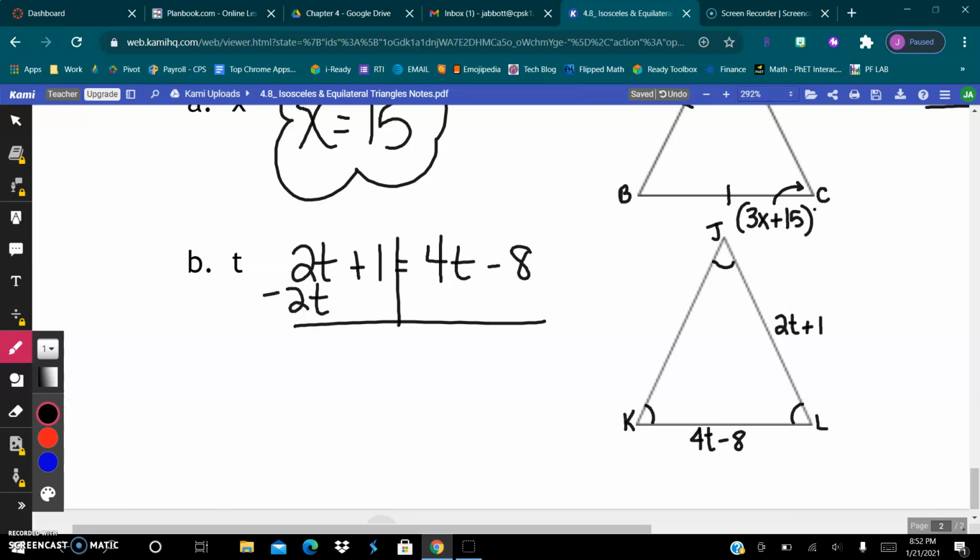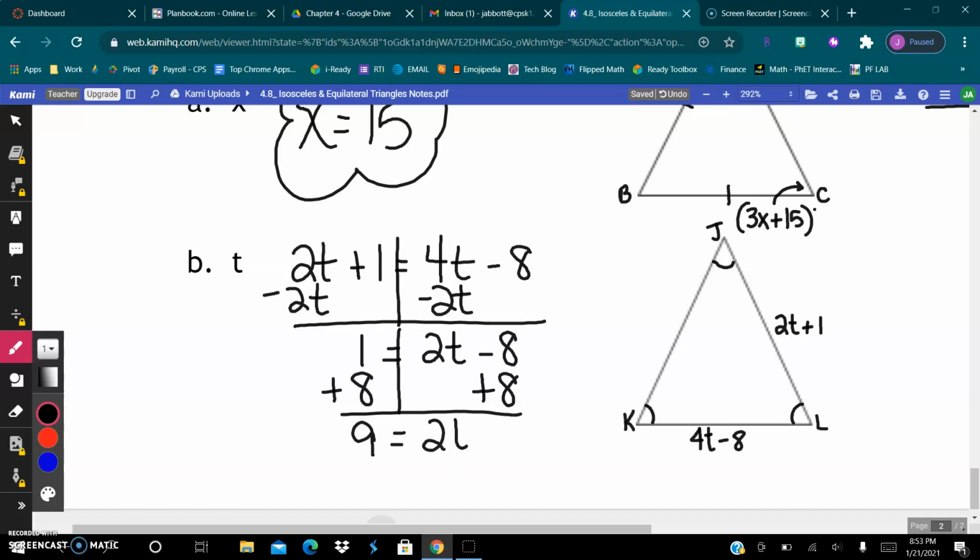So I'm going to subtract 2 t's from both sides. Then we're going to add 8 to both sides. And then we're going to divide by 2. So t is equal to 4.5.